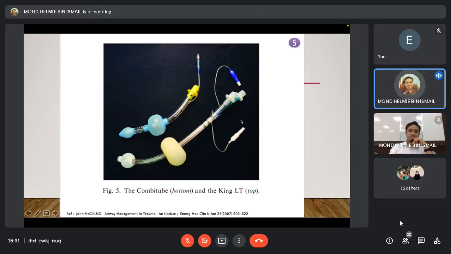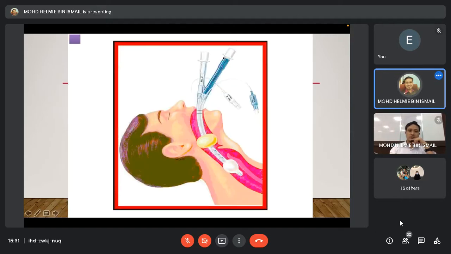So basically, we have 2 tubes here, and this one is a vented tube. When you insert the combi tube into the esophagus, you need to inflate this balloon and also this balloon, and then the air will come in through this vented tube and go into the trachea.